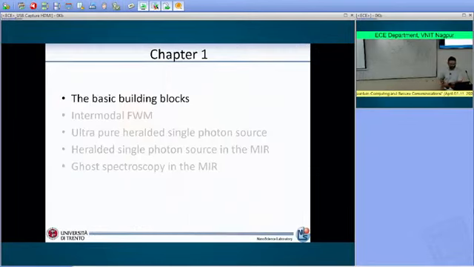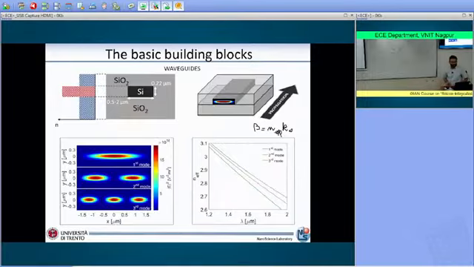So let me now start to introduce how we can make these heralded single photon sources. The reason why I'm discussing heralded single photon sources is because those are the ones that we are using. The basic building block is a waveguide.